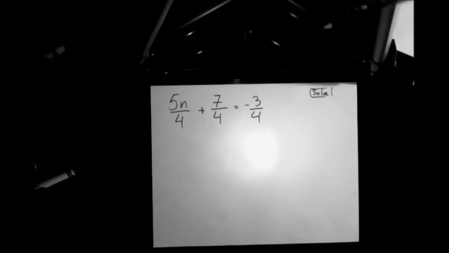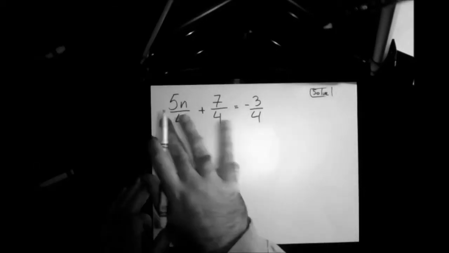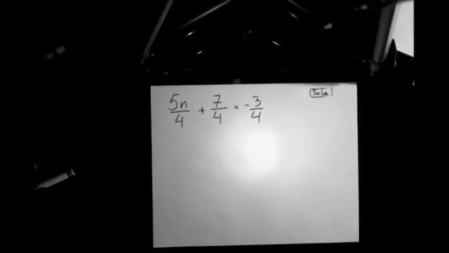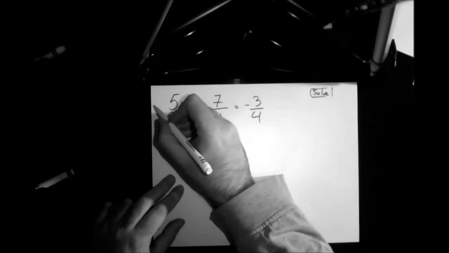How do I get rid of divide by 4? What's the opposite of divide by 4? Correct, multiply by 4. And I'm going to multiply everything by 4, which I kind of have to. Remember, if I'm going to multiply anything in an equation, I've got to multiply everything. So I'm going to multiply the left side and the right side by 4.